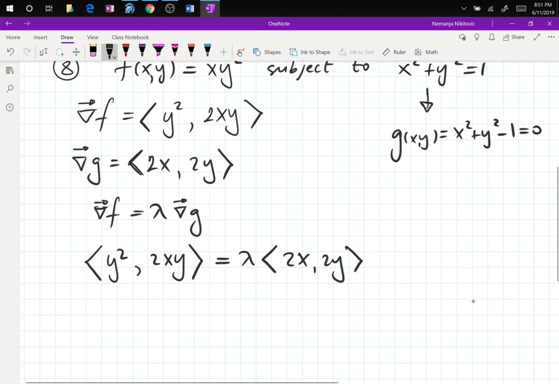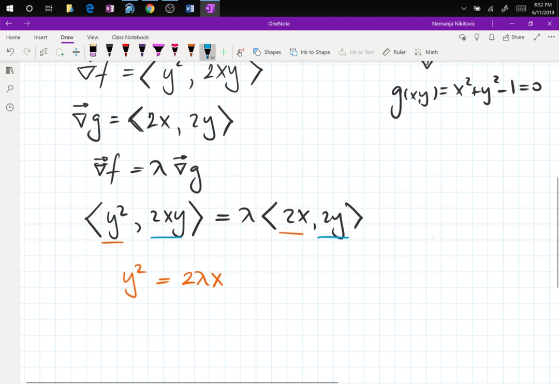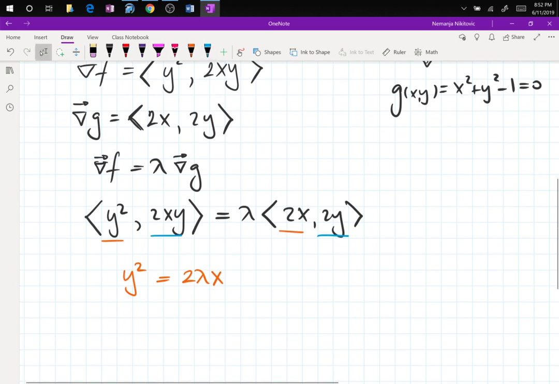You equate the first components, right? They have to be the same. So you're writing the, let's say, orange equation, which is y squared equals 2 lambda x. And then the blue equation equates the second components. Later on, when we have a 3D problem, you'll have the z one as well, so it'll be another color. 2xy equals 2 lambda y.